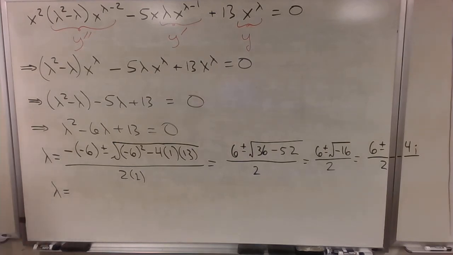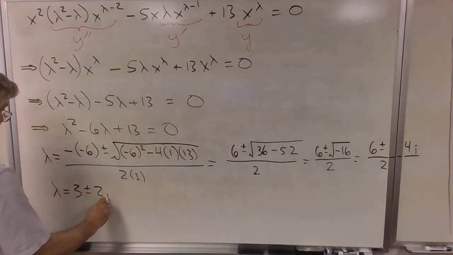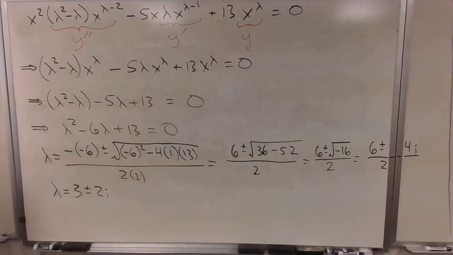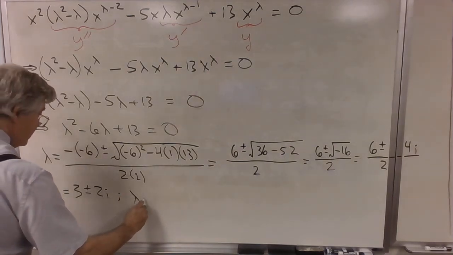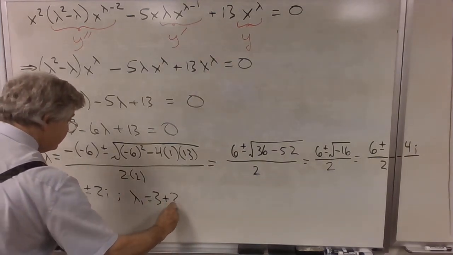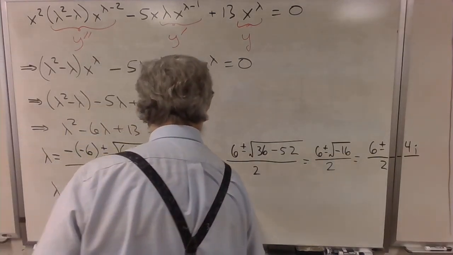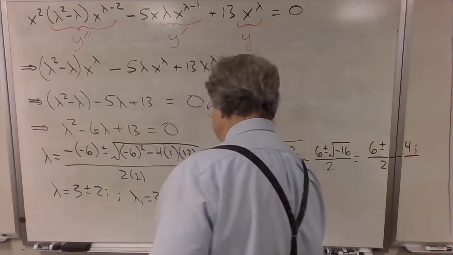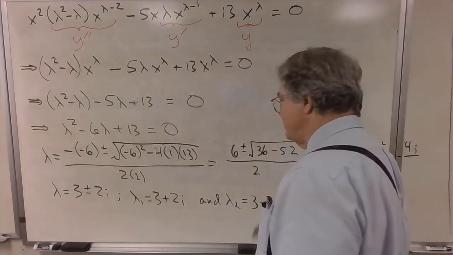So lambda equals 3 plus or minus 2i. So we'll say lambda 1 equals 3 plus 2i, and lambda 2 is 3 minus 2i.